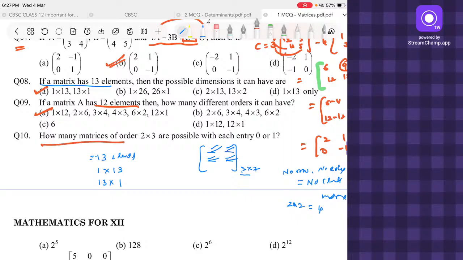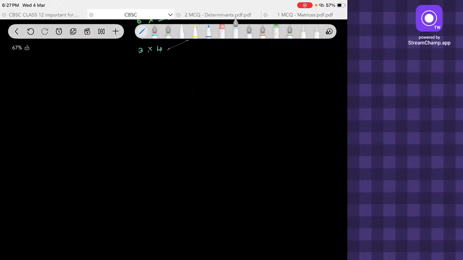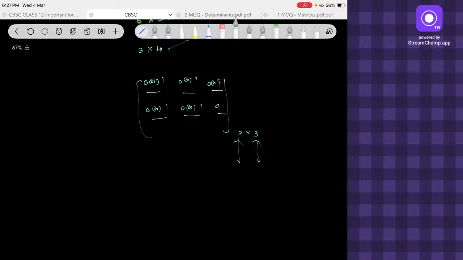Then, how many matrices of the order 2 by 3 are possible with each entry 0 or 1? A 2 by 3 matrix means 2 rows, 3 columns. These are the positions, these are the elements. Each position should be 0 or 1.